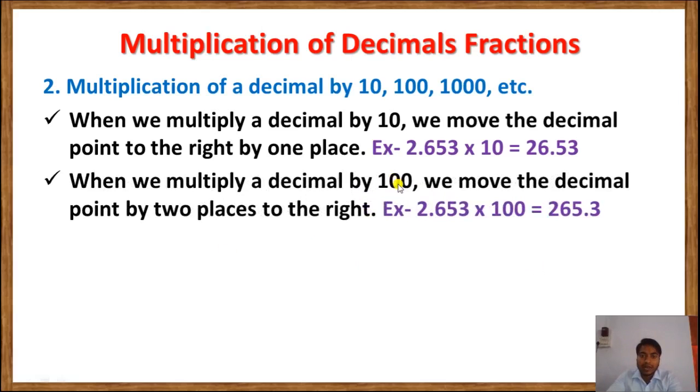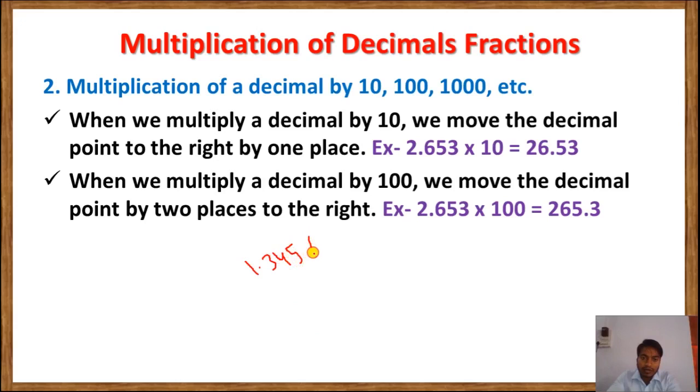The same way, if we multiply by 100, then the decimal point moves right side by two places. Here you can see the example 2.653 into 100. When we multiply, you will get 265.3. Let me give you one more example. Suppose we have 1.345.